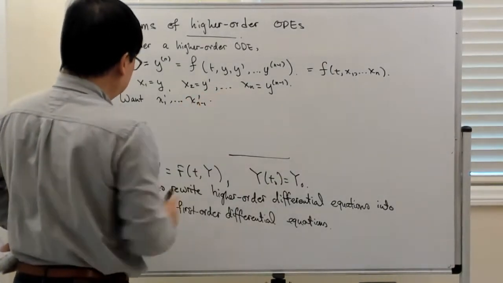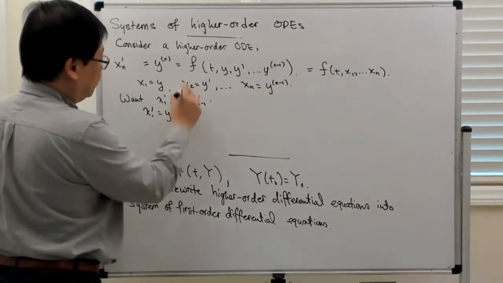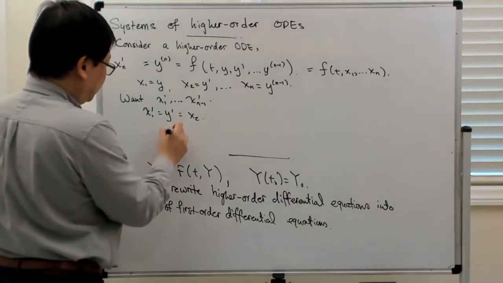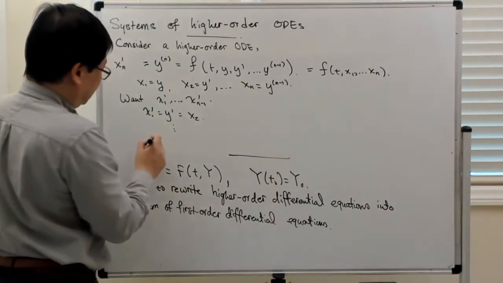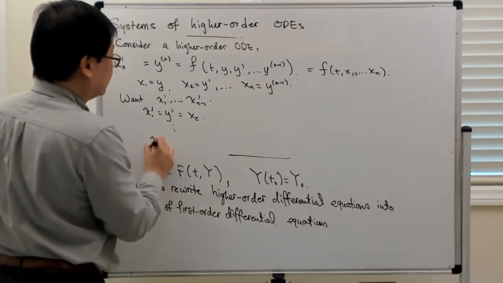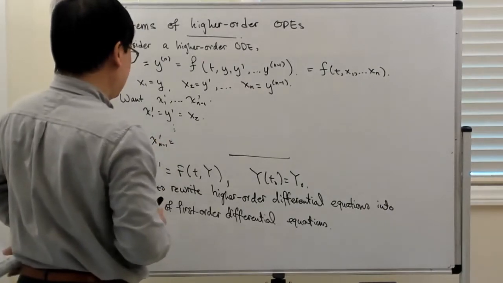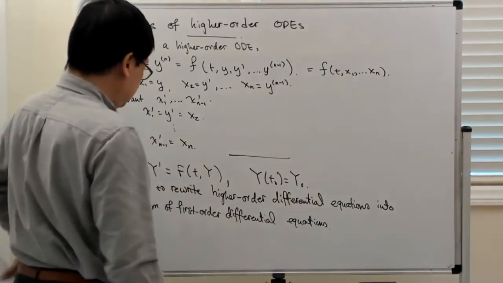Okay, so let's see what happens. So x1 prime is equal to y prime. y prime is equal to x2. Okay, so x1 prime is equal to x2. And you can see that the same kind of pattern persists. So x(n minus 1) prime is equal to xn. Okay, all right.